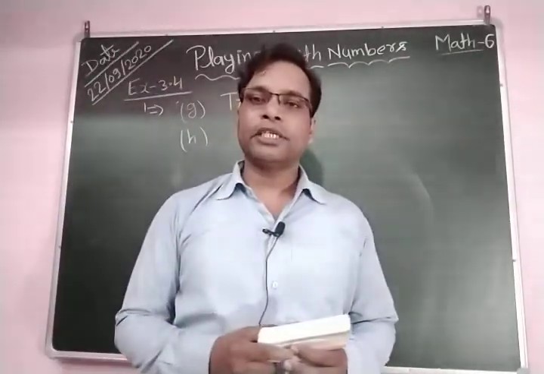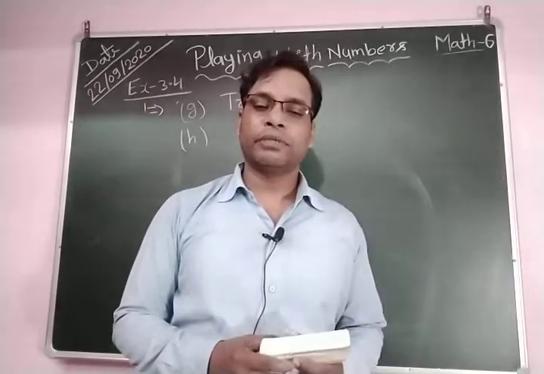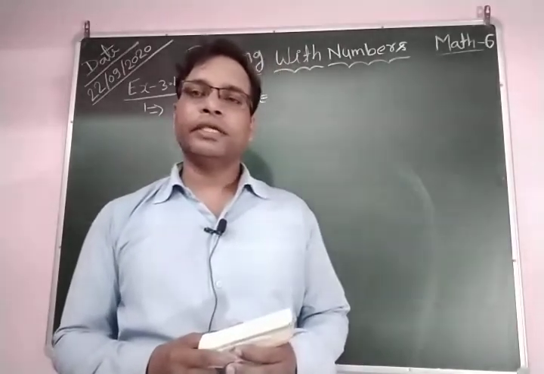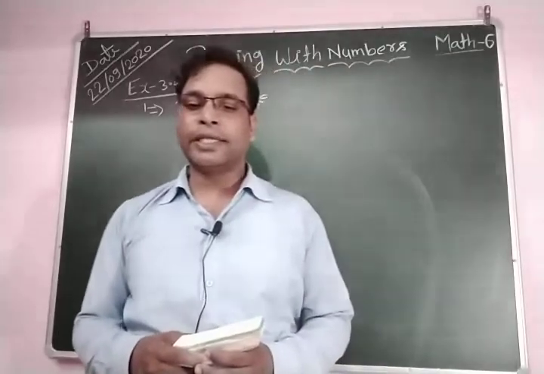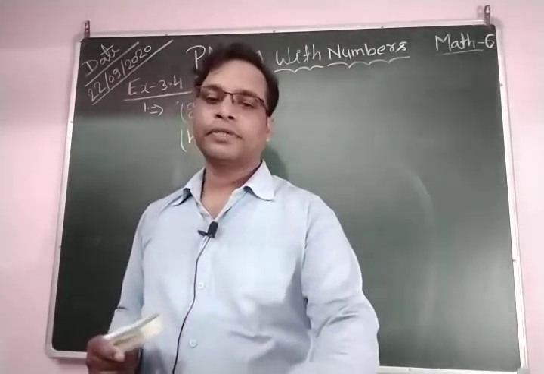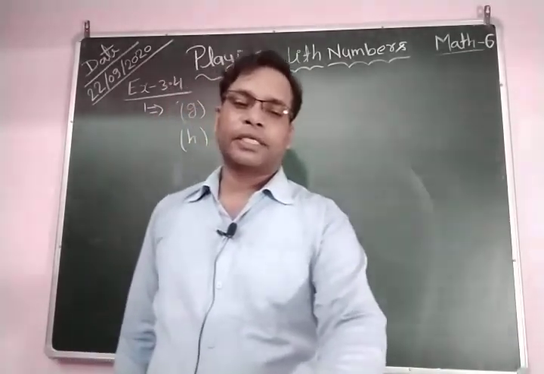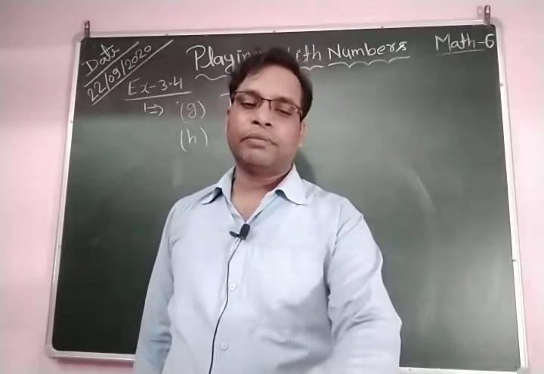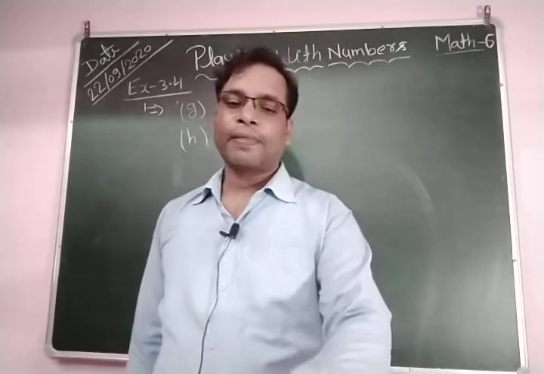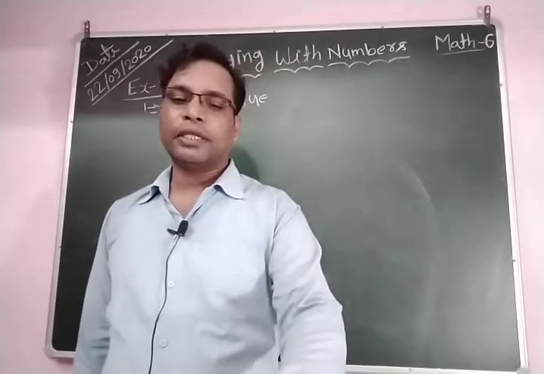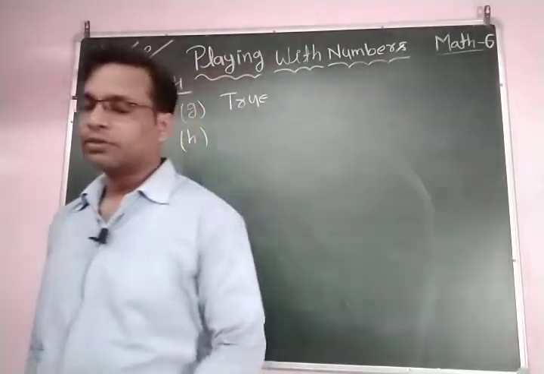The statement of H part is that if a number exactly divides two numbers separately, it must exactly divide their sum. Okay, so let's see how to solve this question.